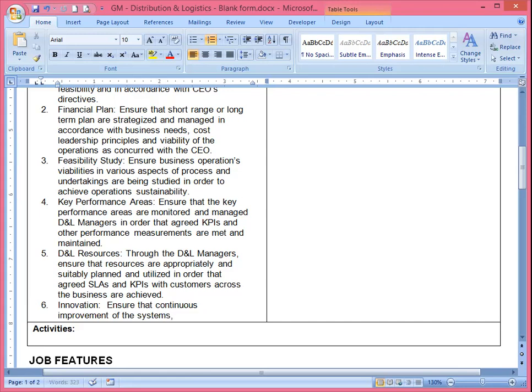Of course, you have to continuously improve the quality of service. Very important. If you are servicing the customer, you should have CRM, customer relationship management, also quality of service.